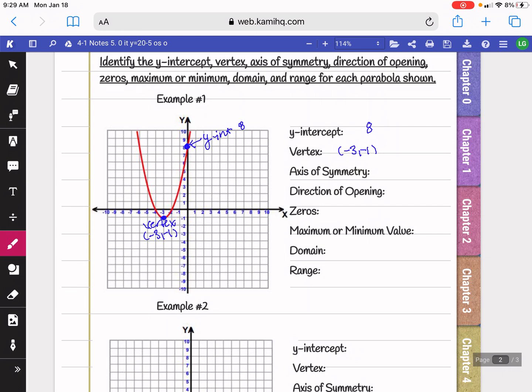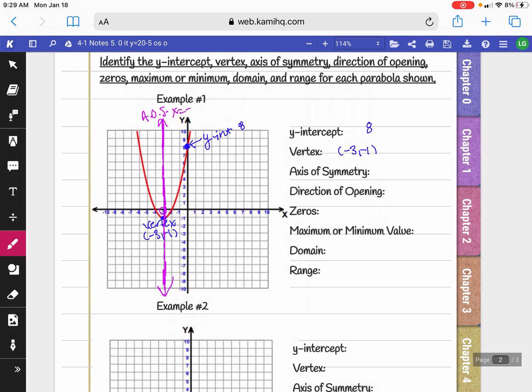Your axis of symmetry is the line that cuts through the middle of the graph. So I'm going to go ahead and draw that in here. This is my axis of symmetry. Since it's a line, it has an equation. Here you'll notice it crosses through -3 on the x.